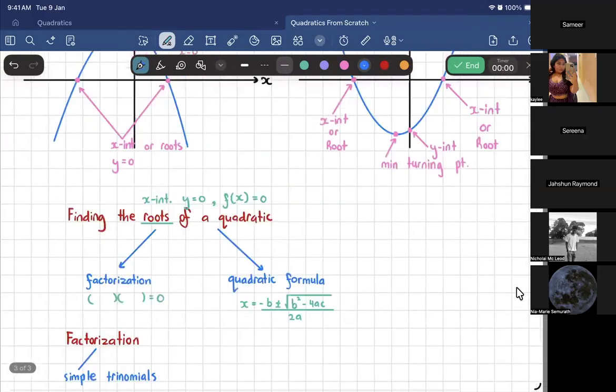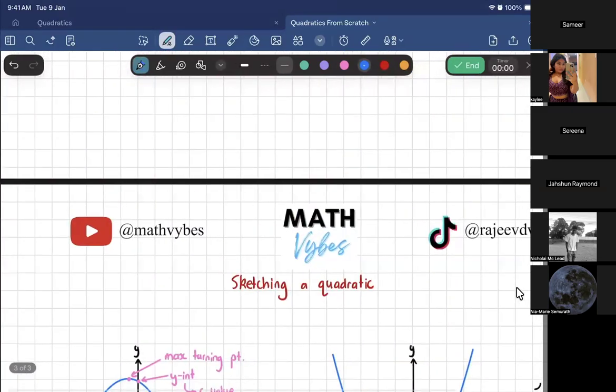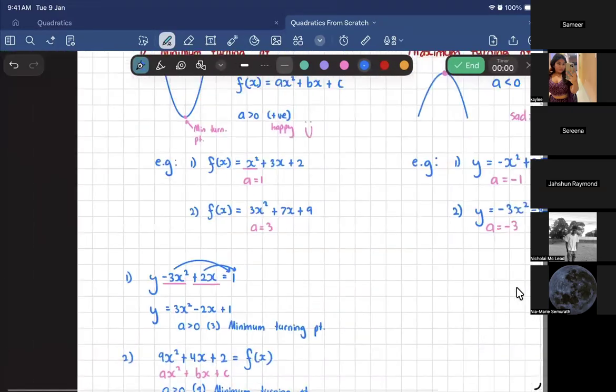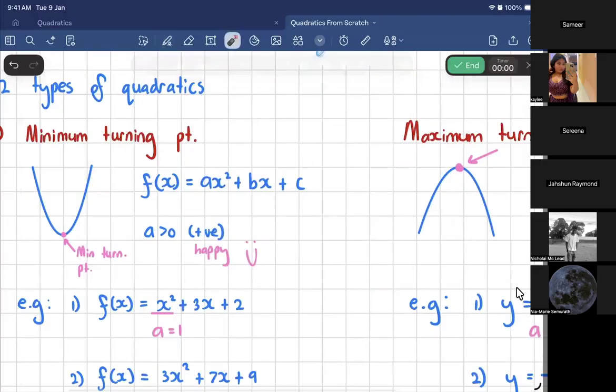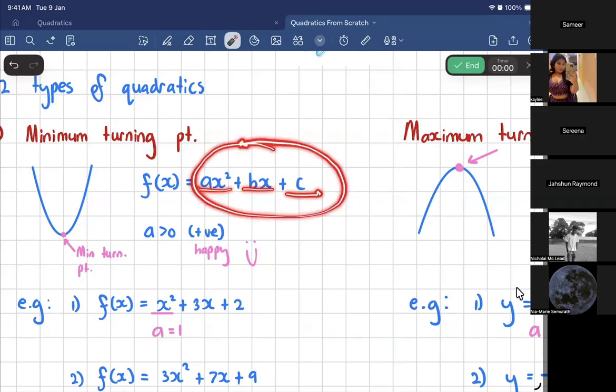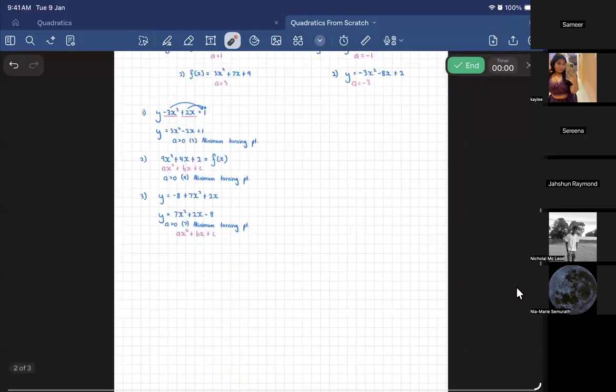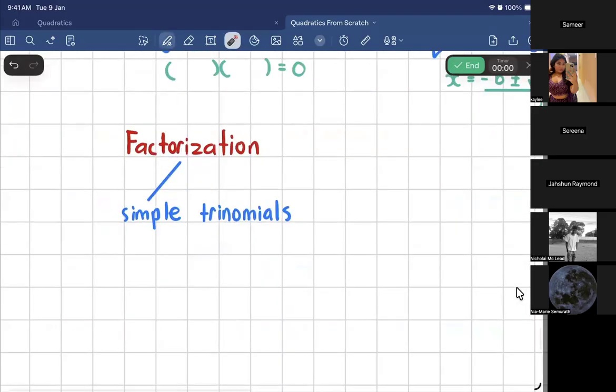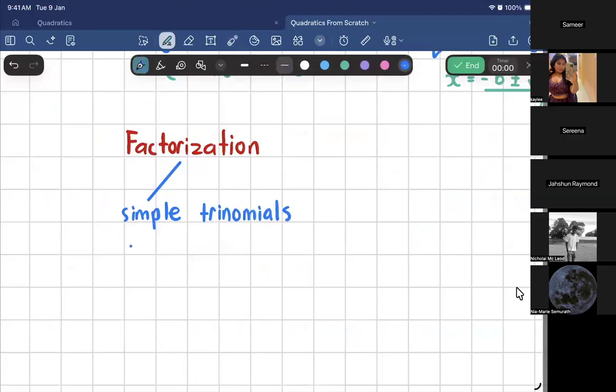3, right? When you look at the form of a quadratic, ax squared plus bx plus c, how many terms are you really seeing? 3 terms. Right, so this is an example of a trinomial because there are three terms. Nomial just means term. A simple trinomial just means that the coefficient of x squared is always equal to 1.